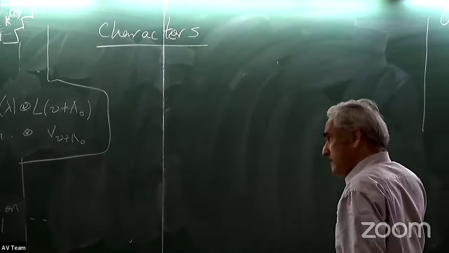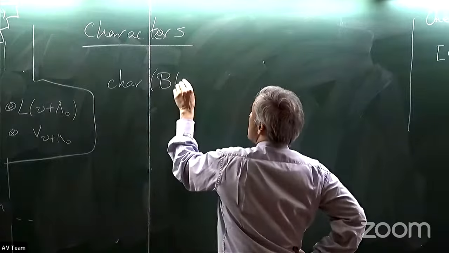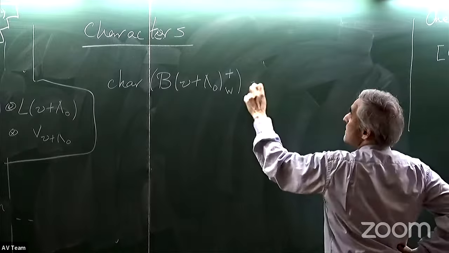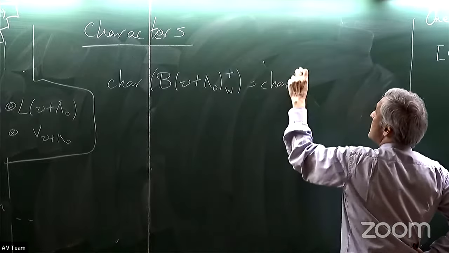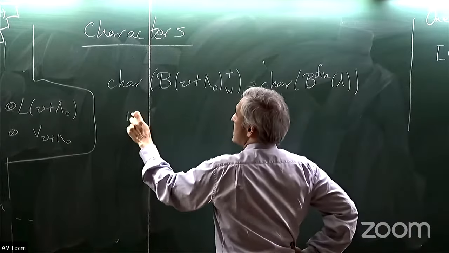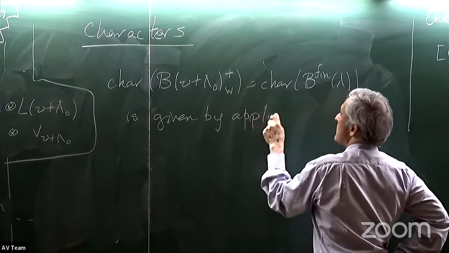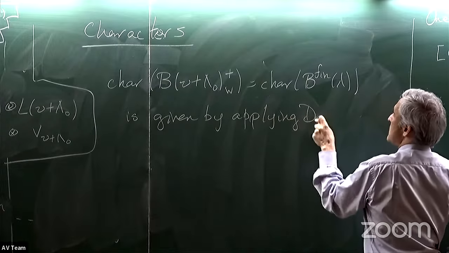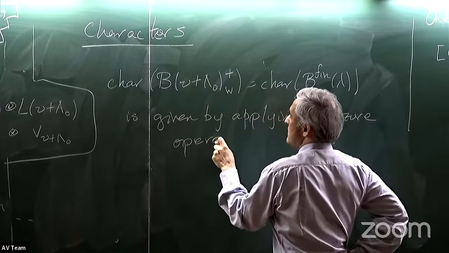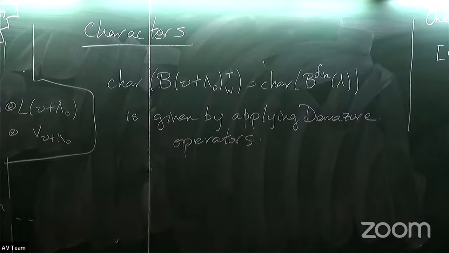So in this simply laced case, if I want to compute the character of this Demazure module, which will be the character of that B finite, it is given by applying the Demazure operator. We said we had the Demazure operator, and that will compute for me the character.